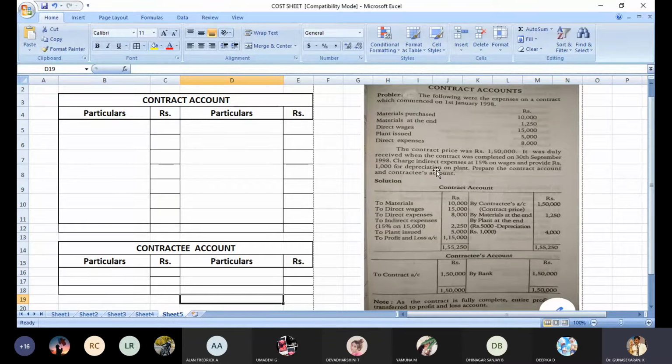So all the expenses should be entered in the contract account on the debit side. And what are available stock or income, these items should be entered into our contract account on the credit side. Finally, we have to tally the profit, whether profit or loss of the contract.